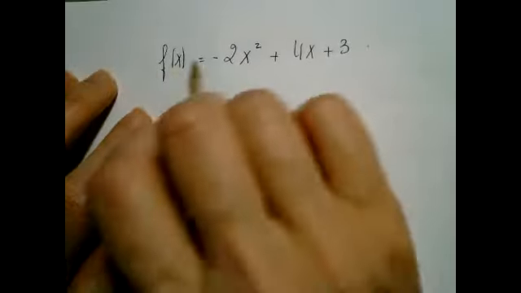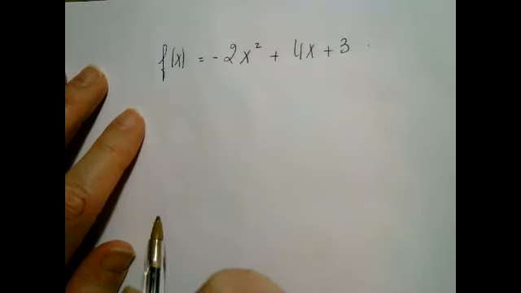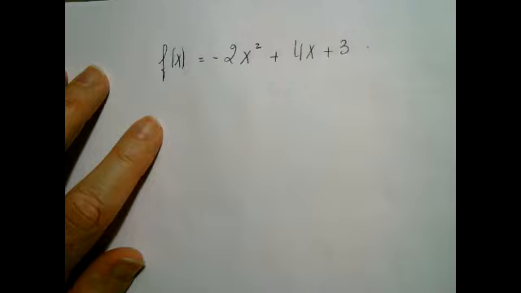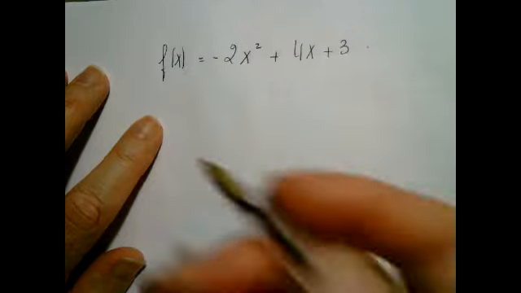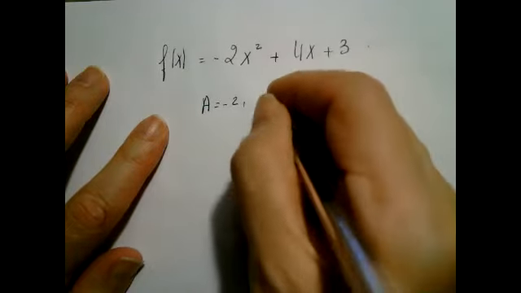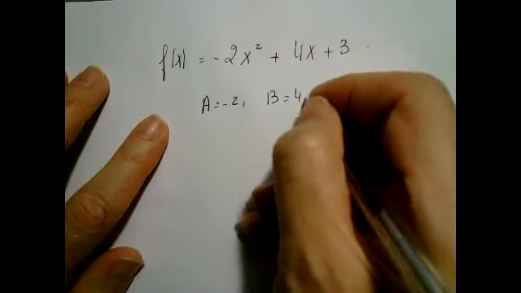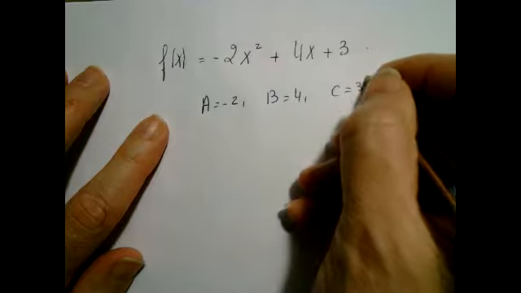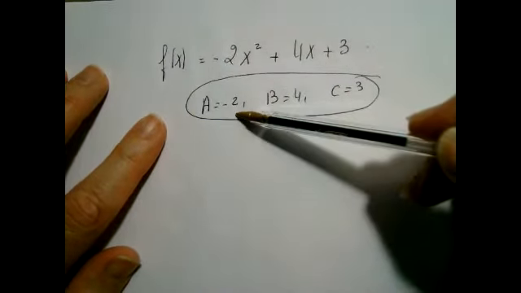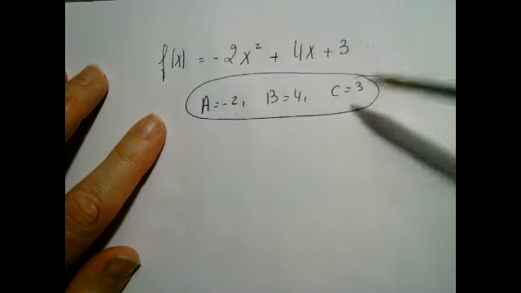Now, let me take the following function, f of x equal minus 2x squared plus 4x plus 3. That's absolutely a quadratic. My a here is minus 2, the number x squared is multiplied by. My b is 4, and my c is 3. Immediately when you have a quadratic, you identify the a, the b, and the c.